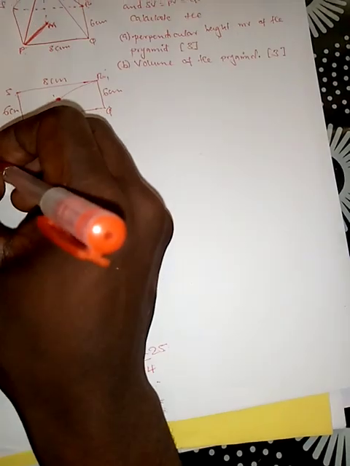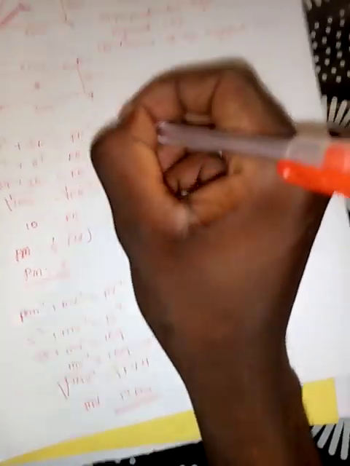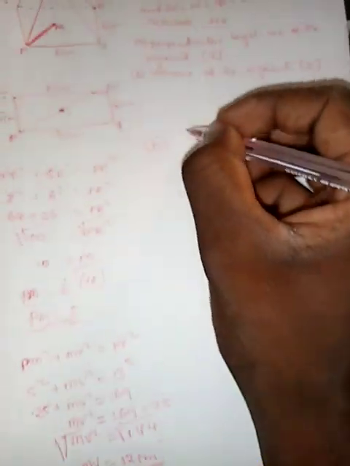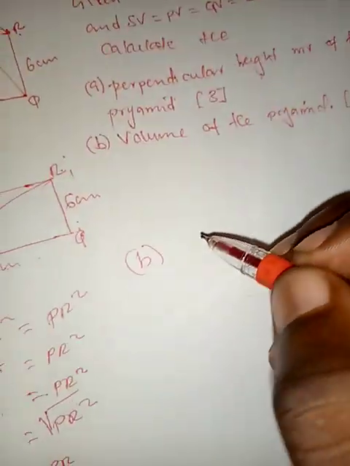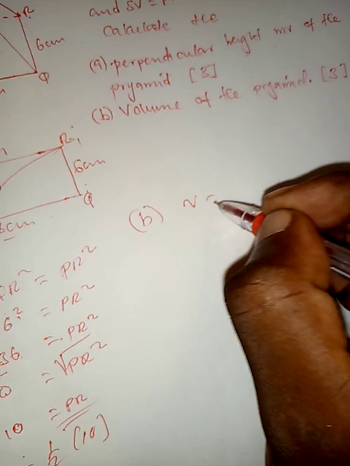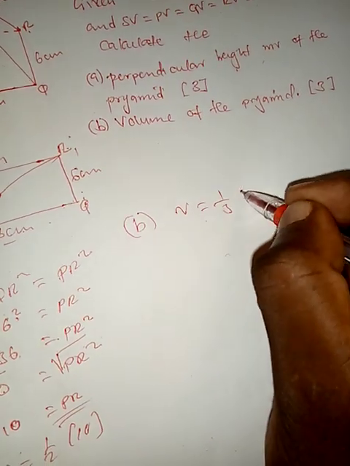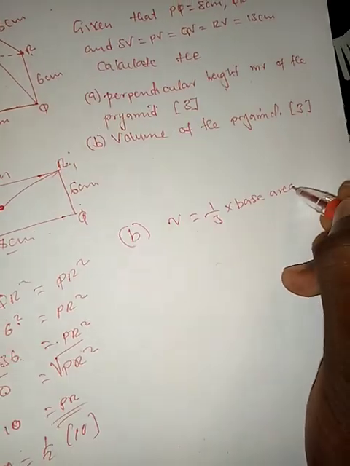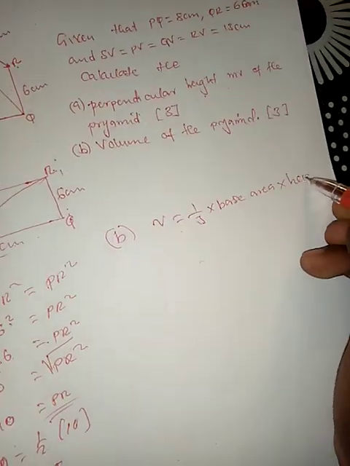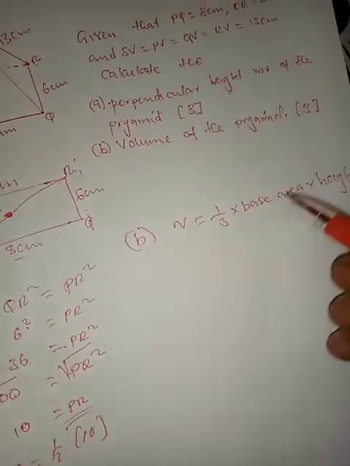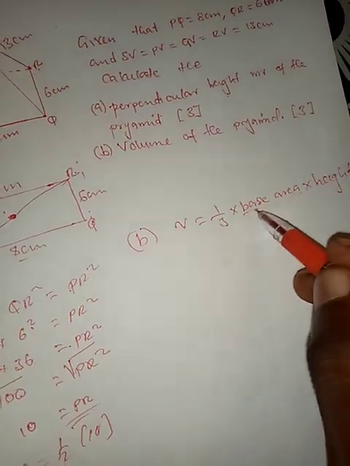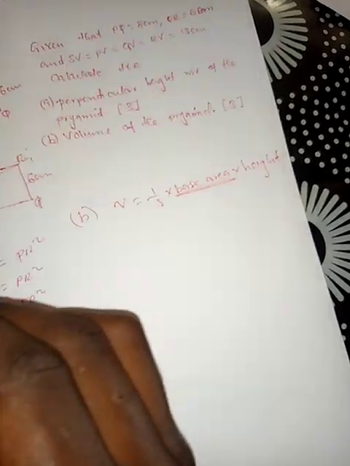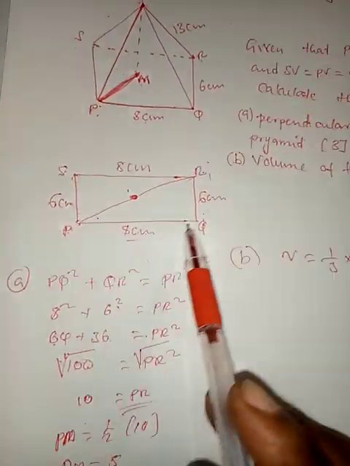Now let's go to our B. The B says calculate the volume of the pyramid. So okay, guys, the volume of the pyramid is V equals 1 over 3 times base area times height. How do you find the area of a rectangle like this?